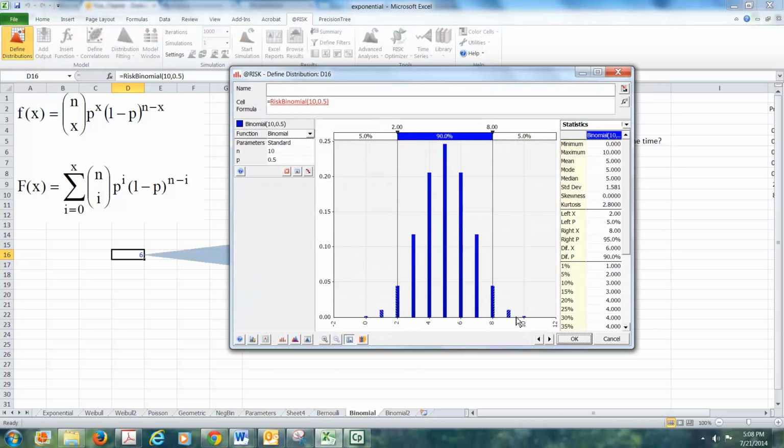So this distribution right here is a picture of what can happen playing 10 games. You might win 0. There's a very small chance of that. You might win all 10. There's a very small chance of that. You can see the most likely number of wins is 5, and coincidentally 0.5 times 10 is 5.